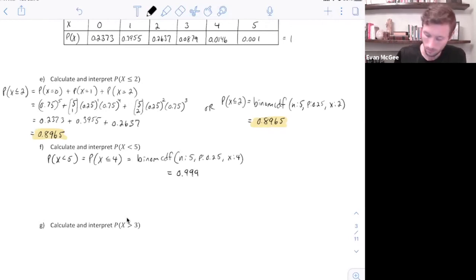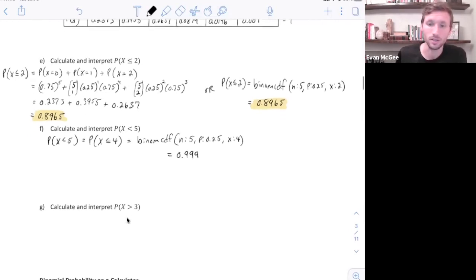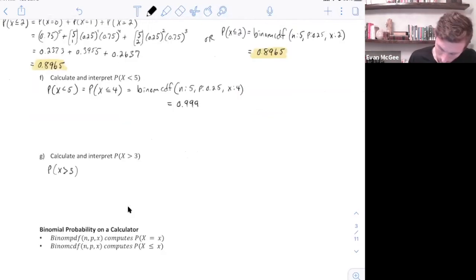So last one, the probability of x being greater than 3. So we need to write this. Remember, my calculator will only tell me what is less than or equal to. So I need to rewrite this as a less than or equal to statement. Since it's asking for greater than, and my calculator only gives less than, I'm going to have to use a complement statement to figure out this probability.